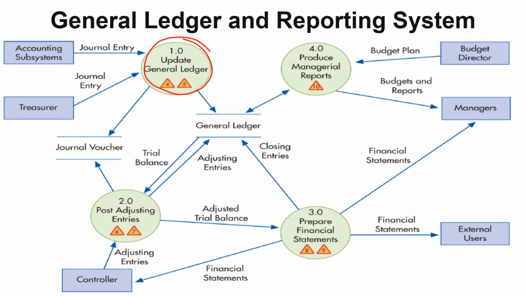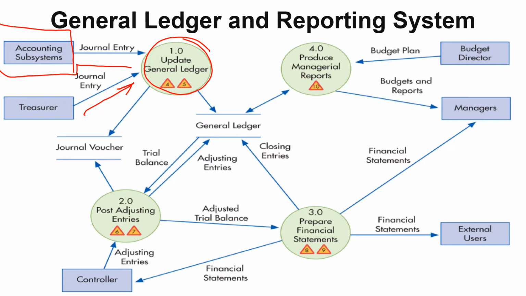The updates come from the accounting subsystems, either the revenue cycle, the purchase and expenditure cycle, payroll or purchasing cycle, and then the conversion cycle. All of the journal entries will be updated to the journal ledger, and the treasurer will also update the cash movement in and out to the general ledger.